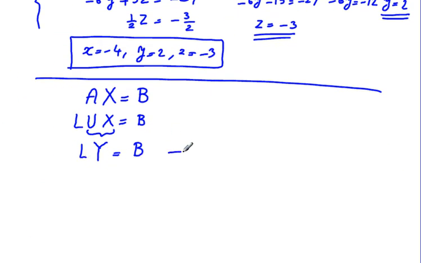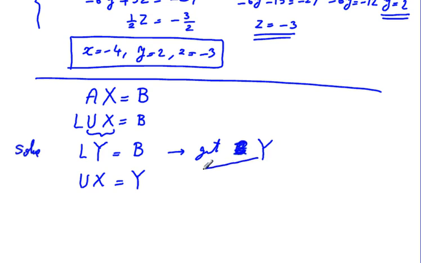Once you are done with this, you solve Ly equal to B and get your Y. Then you come back and say, well, Ux was called Y. Once you have the Y, bring it here and say, well, U times X was called Y. If you have Y, you have U, you can get X. You can solve Ux equal to Y and now get X, which was your original objective.